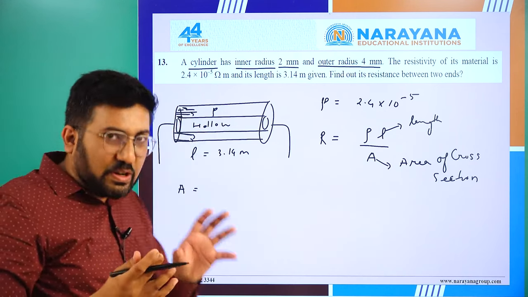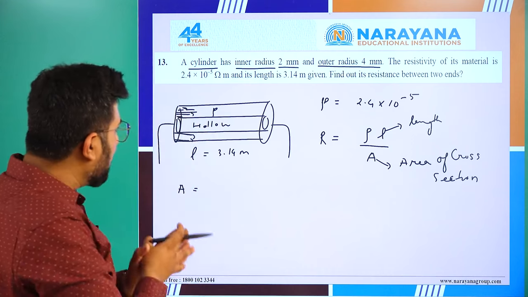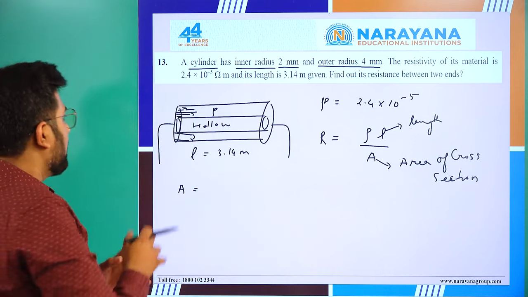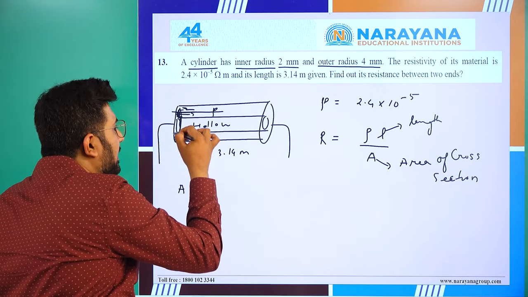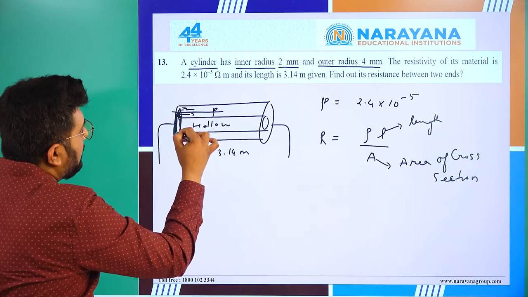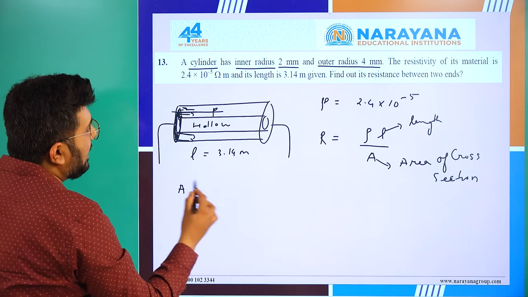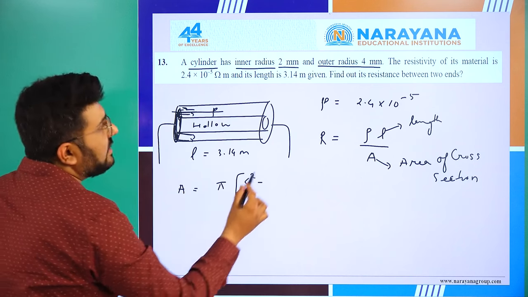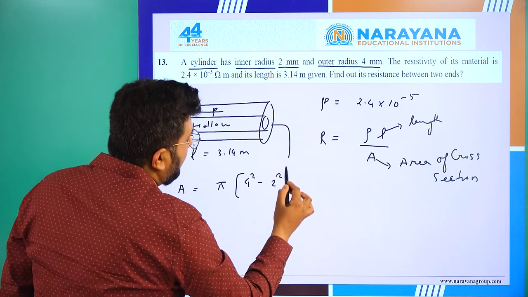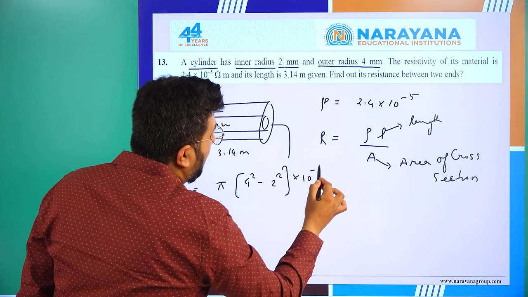So area of cross section means the area which is perpendicular to the flow of charge. So the charge is flowing this way, so basically I need this area. What is this area? Area is pi into 4 square minus 2 square into 10 raised to the power minus 6.